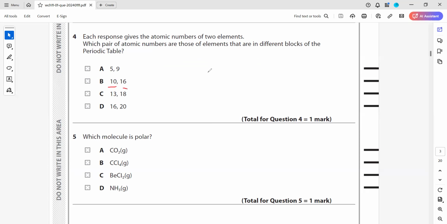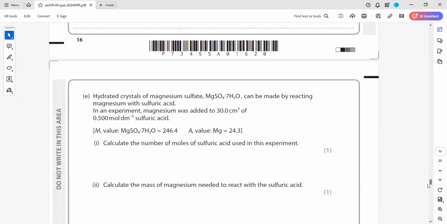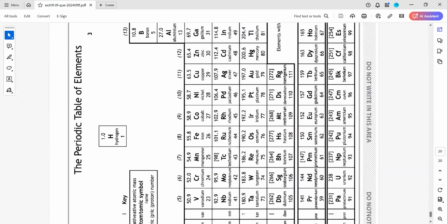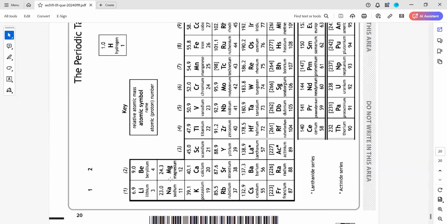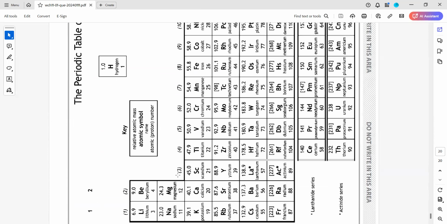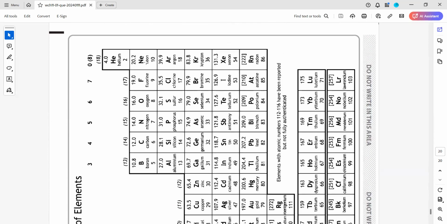What about 10 and 16? You can even do this question from the periodic table that is given. Just check which block 10 and 16 belong to. Proton number 10 is neon and proton number 16 is sulfur. So they are both p block elements.